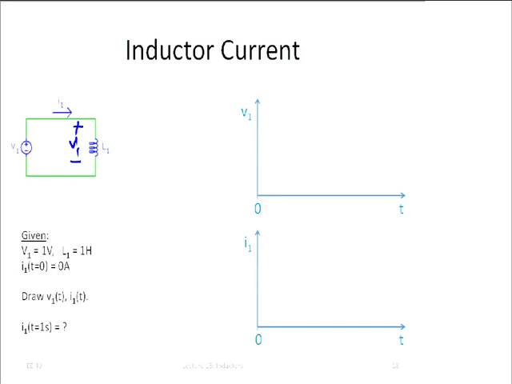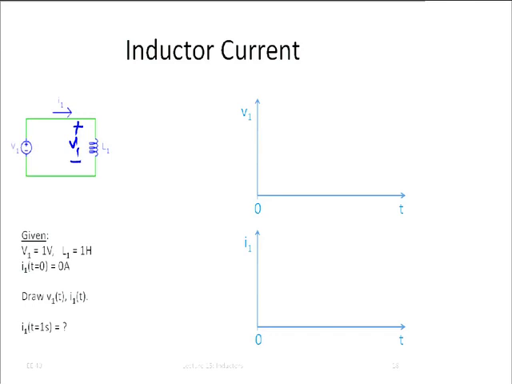Okay, so let's go and look at it. So we have a voltage source, and across that voltage source we have connected an inductor. What's the voltage across that inductor? V1. Why is it V1?